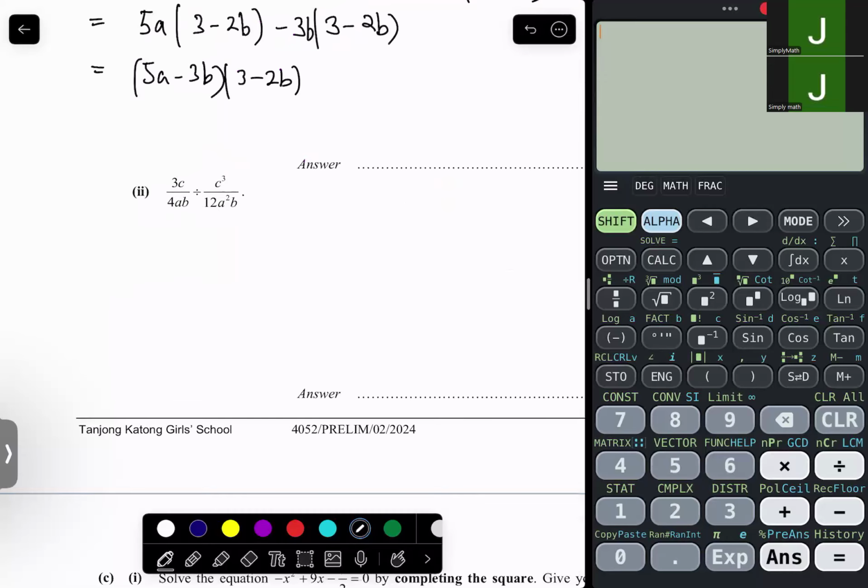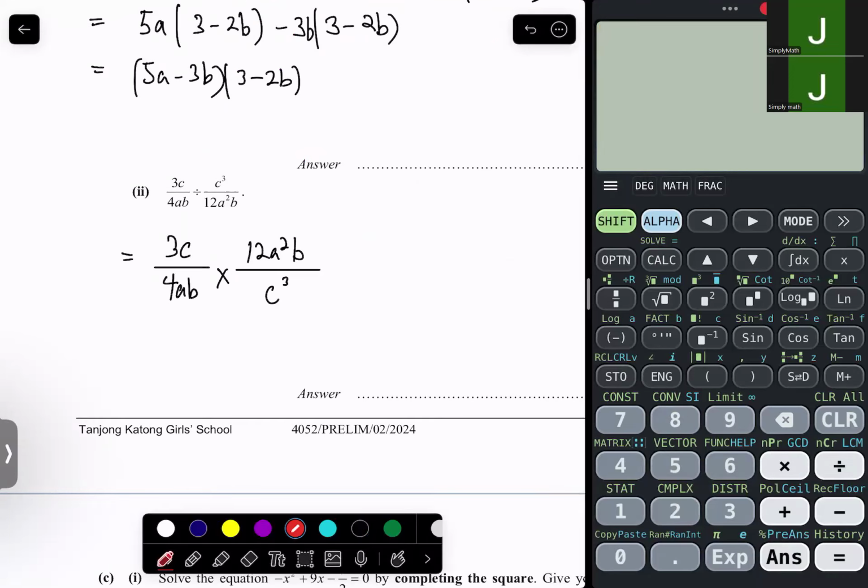Part 2. 3c over 4ab divided by c cubed over 12a squared b. So this is algebra indices all together. So division, primary school: keep, change, flip. 3c over 4ab multiplies by 12a squared b over c cubed. So what happens down here?